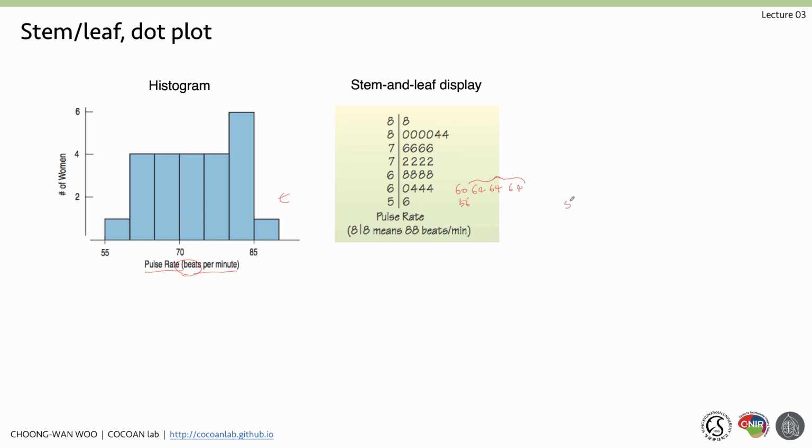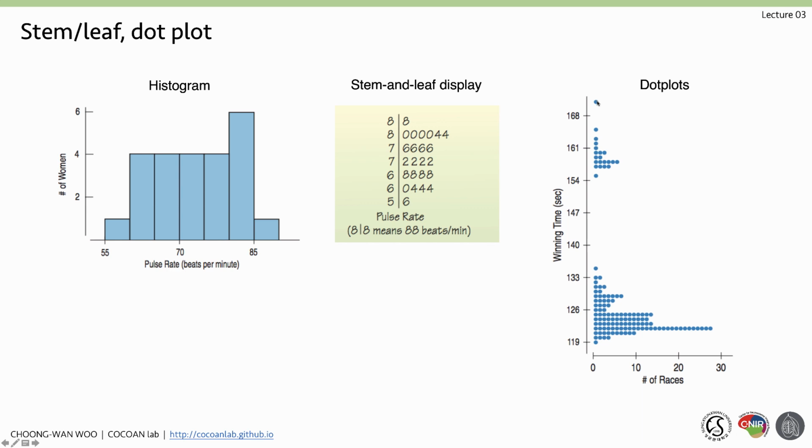To keep it simple, it uses a line, with the tens on the left and the ones on the right. 60, 56, 60, 0, 4, 4, 4 means three people had 64, and 68, 8, 8, 8, 72, 2, 2, 2. So four people had 72, four people had 76, four people had 80, and two people had 84, and so on.